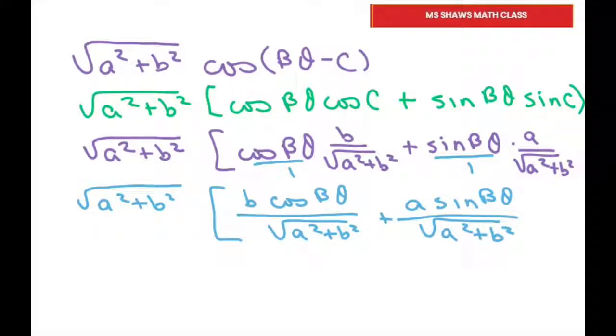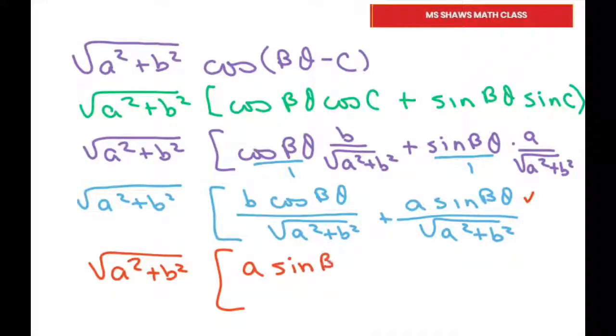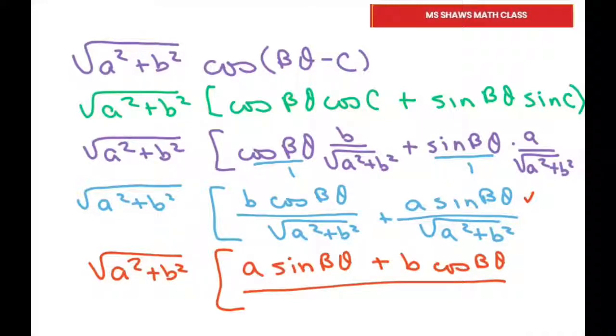And you can write it all together with one denominator. I'm going to flip this around because they usually have sine go first, so I'll put sine first. A sine b times theta plus b cosine of b times theta divided by the square root of a squared plus b squared. Alright, so these cancel, and you're left with your identity here.